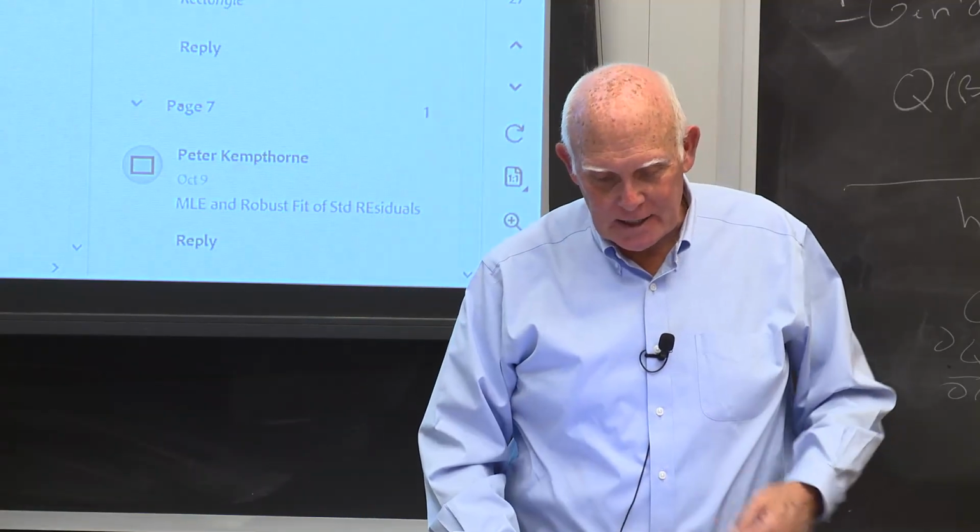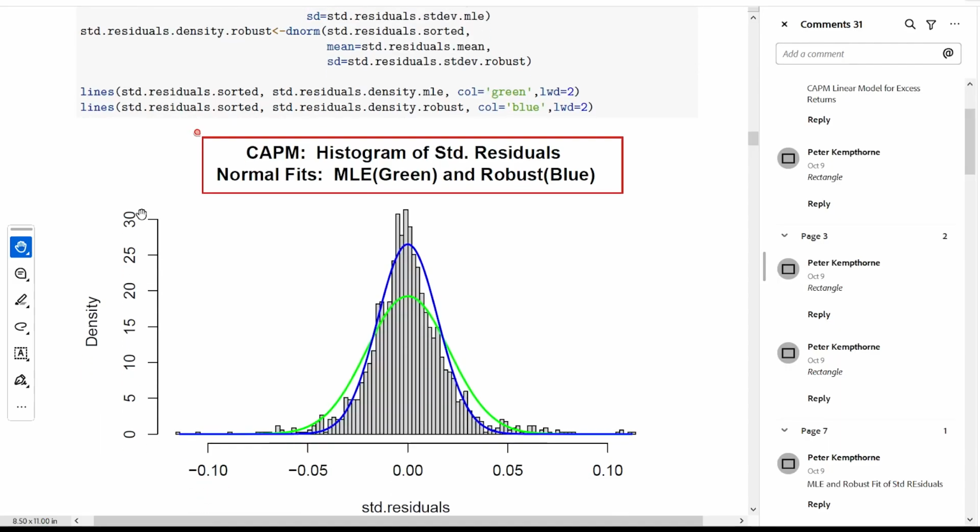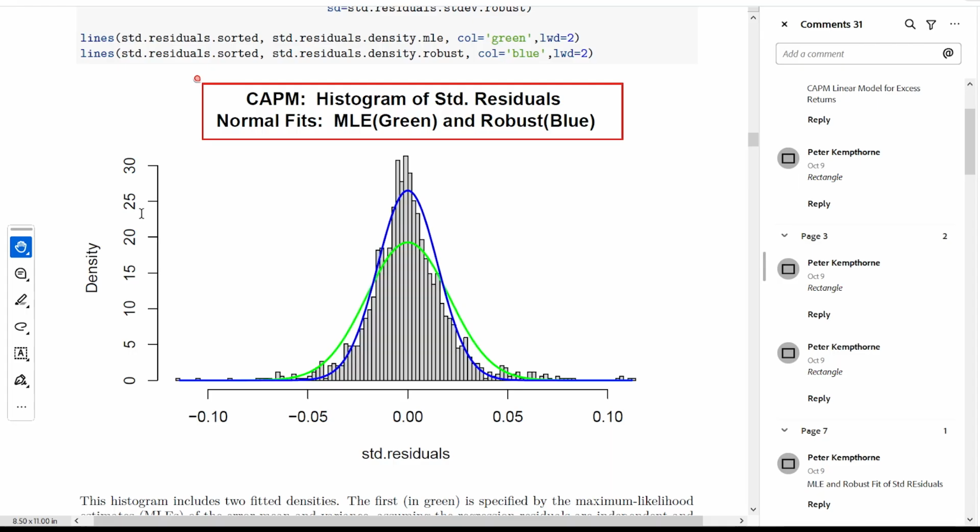And in this case, we might assume that the residuals are normally distributed. And here's a histogram of the residuals from this GE regression. And there actually are two bell-shaped curves here. There's one in green that corresponds to the maximum likelihood estimate of the mean and variance of that normal.